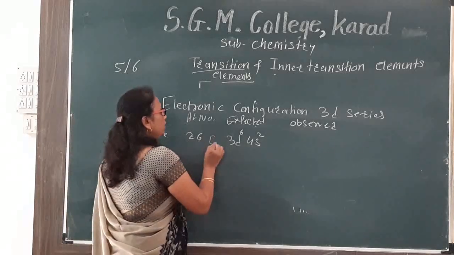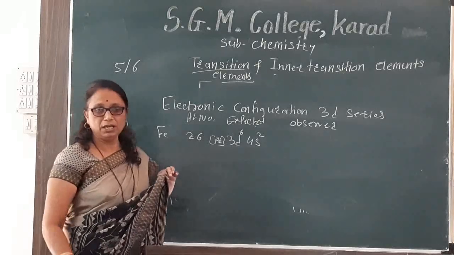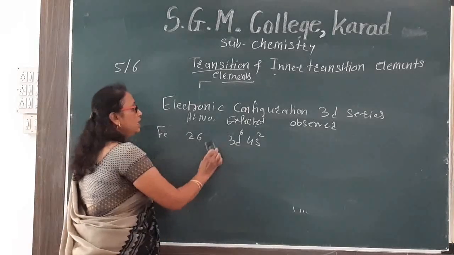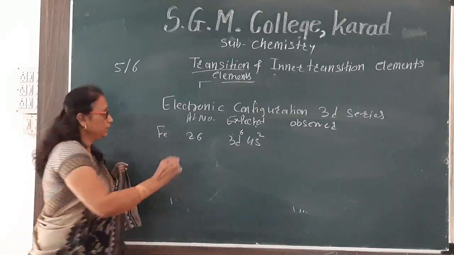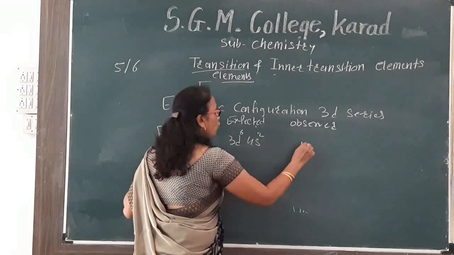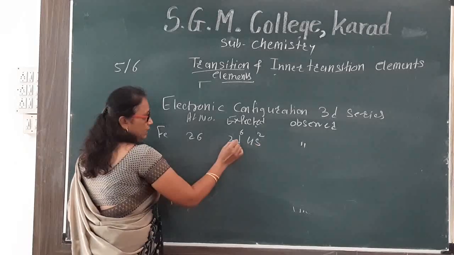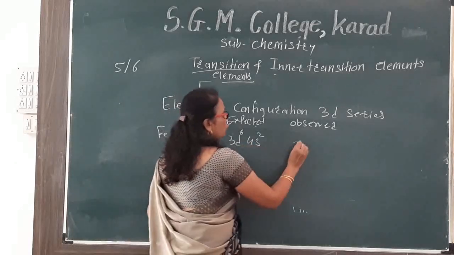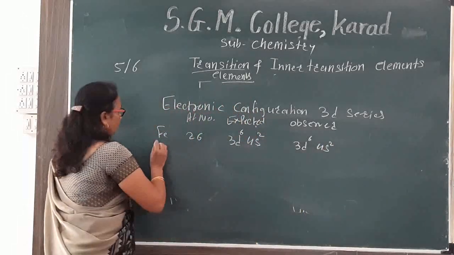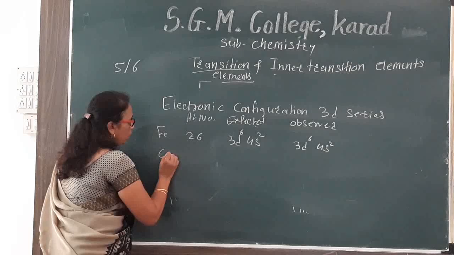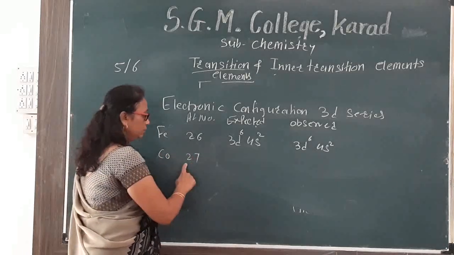If we write this with argon, then it is called the complete configuration. If we write without argon, then it is the outer electronic configuration. The observed and expected configuration of iron is the same, 3d6 4s2. Co for cobalt, atomic number 27.